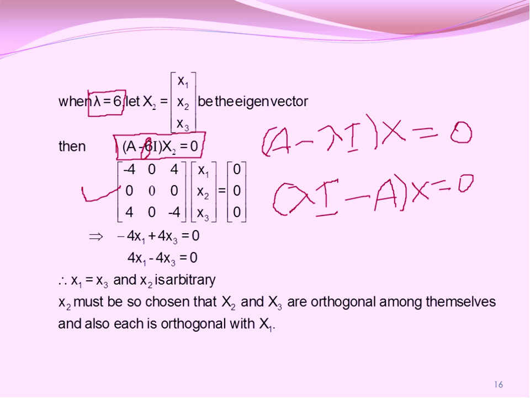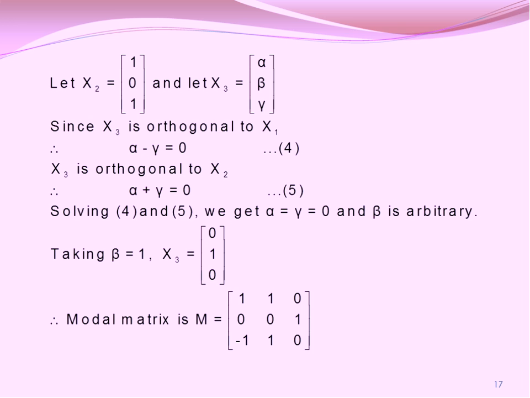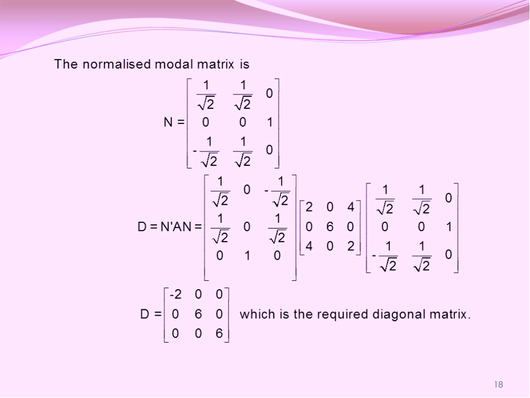So x2 must be chosen such that x2 and x3 are orthogonal among themselves, and also each is orthogonal with x1. So there are three eigenvectors we choose.